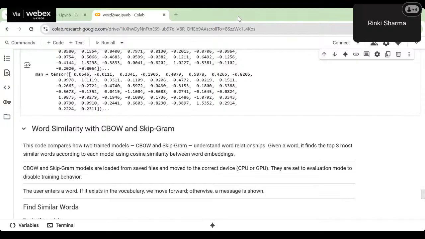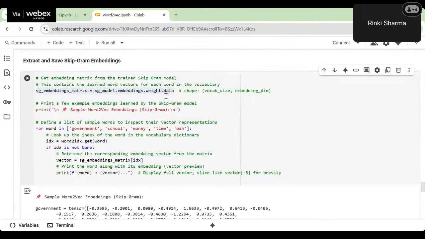Okay. In the above code, what we have done is, after the fully trained CBOW and skipgram model, we want to see how the embedding looks. So we choose some frequently occurring words in the vocabulary.